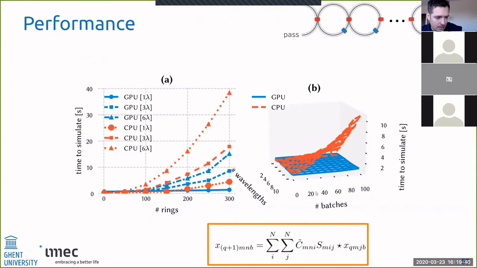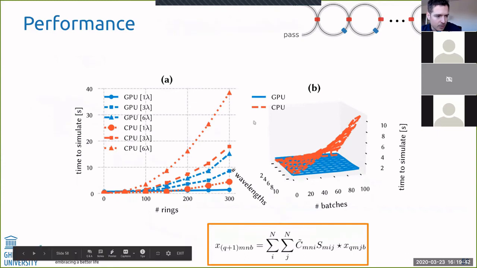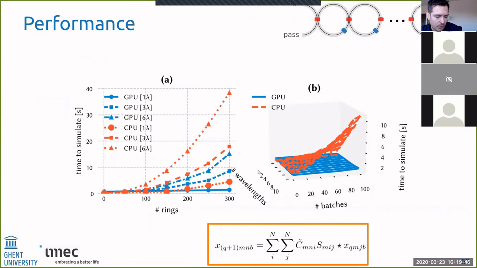This is the time domain response of a coupled resonator optical waveguide, where you use multiple wavelengths and multiple waveforms at the same time, and you see that the GPU performance stays more or less flat, while the CPU performance goes through the roof.